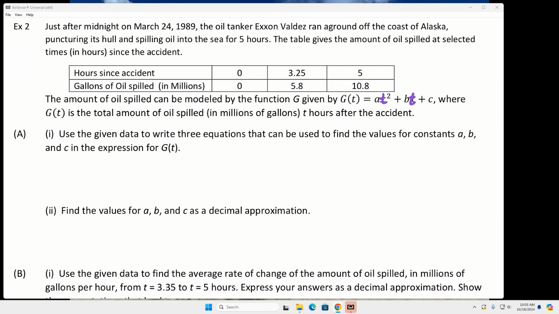Okay, and so a lot of times for the quadratic, they give you a table, which is great. So the first thing you all would do is, we're going to write our 3 equations.